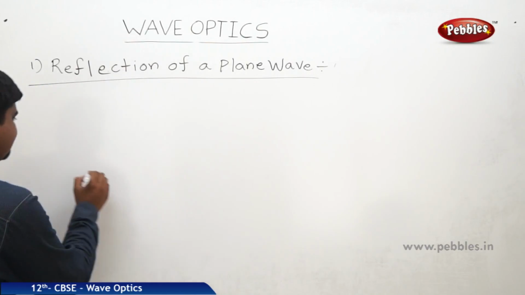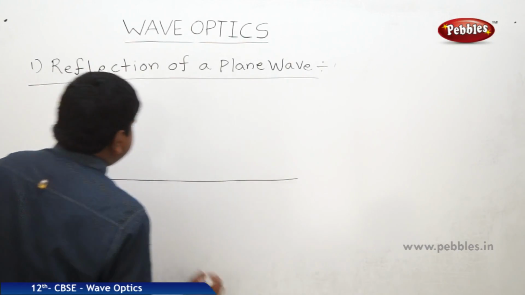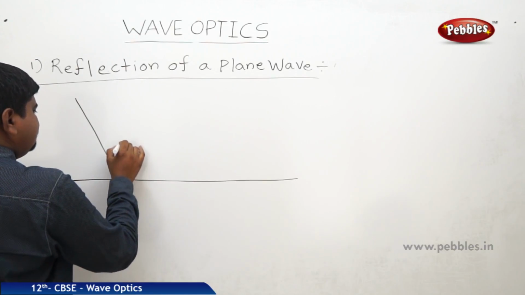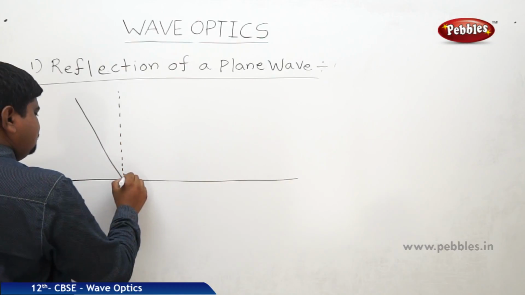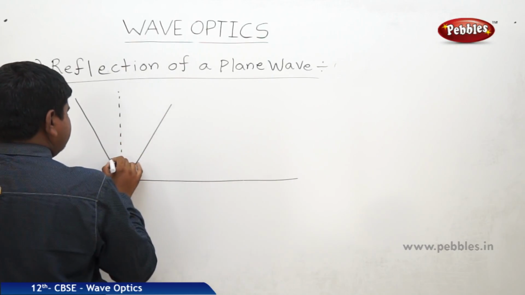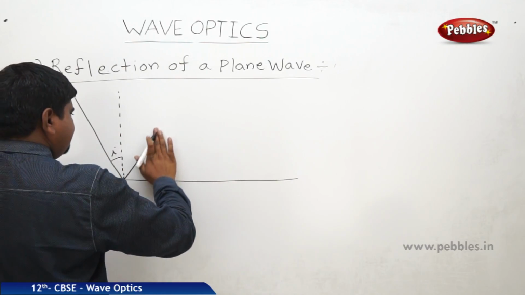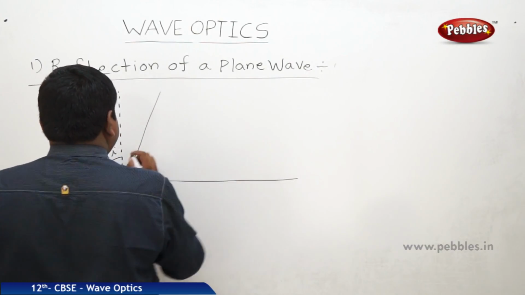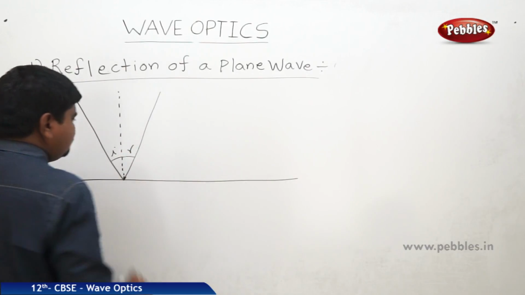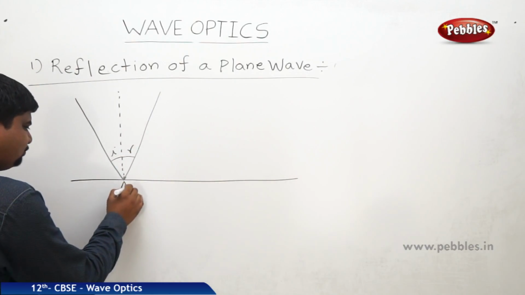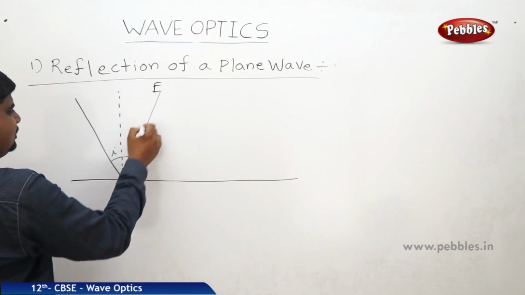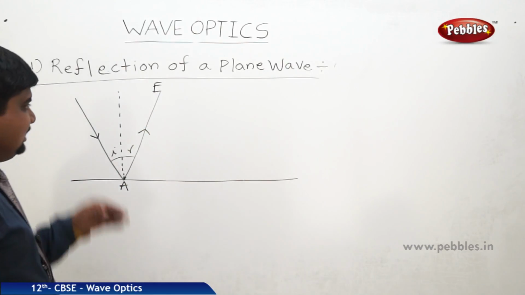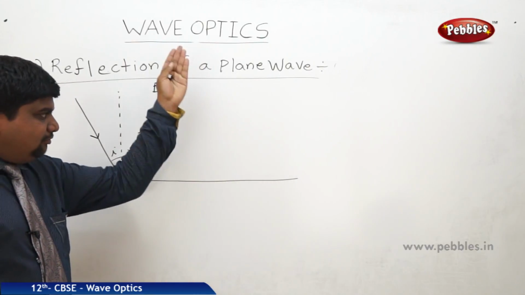Let us take a plane surface. This is the incident wave, and draw the normal, and this is the reflected wave. With the same angle I, the angle of reflection, we can draw R. Therefore, this is point A, this is E. At this point, we are going to get the wavefront.